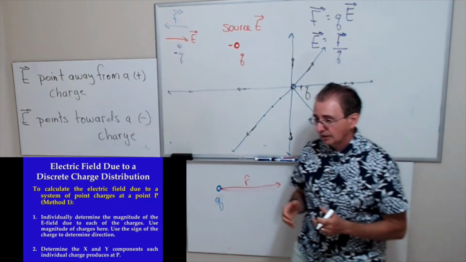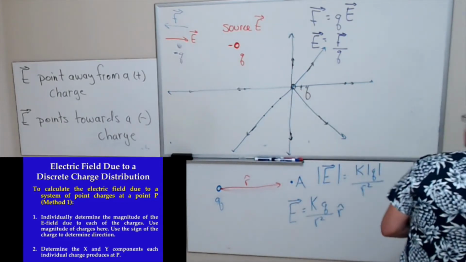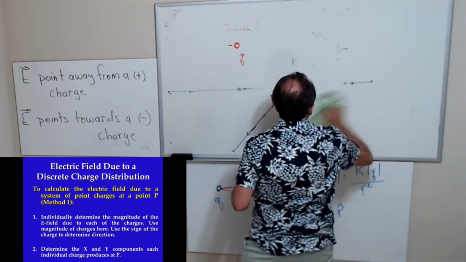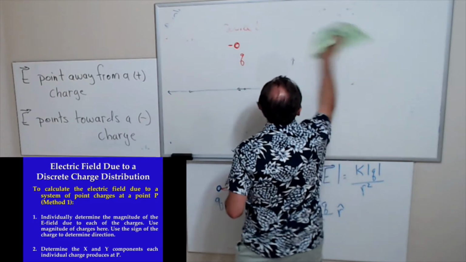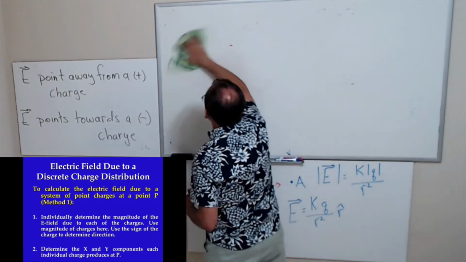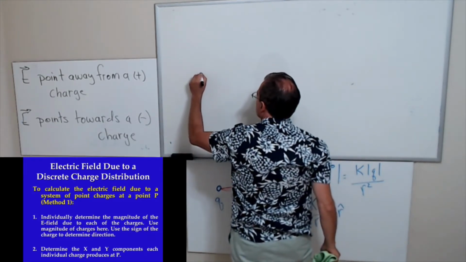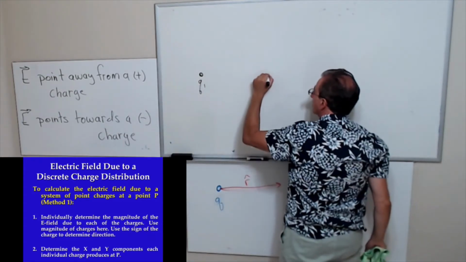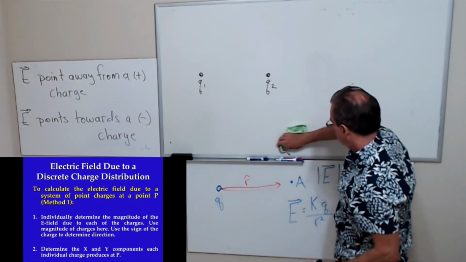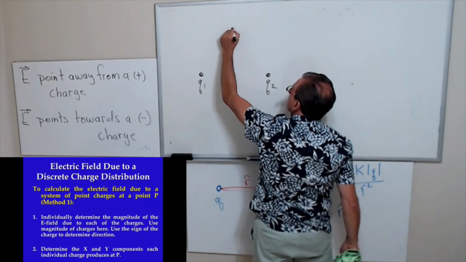So let's look at the electric field due to a distribution of charges. Suppose I have this charge and this charge, and I want to find the electric field here.